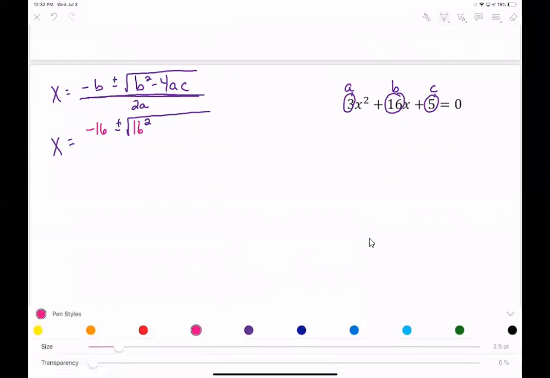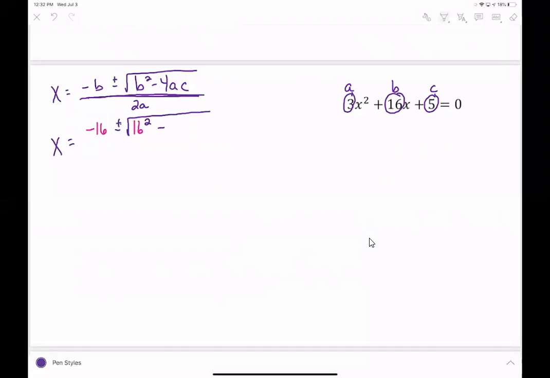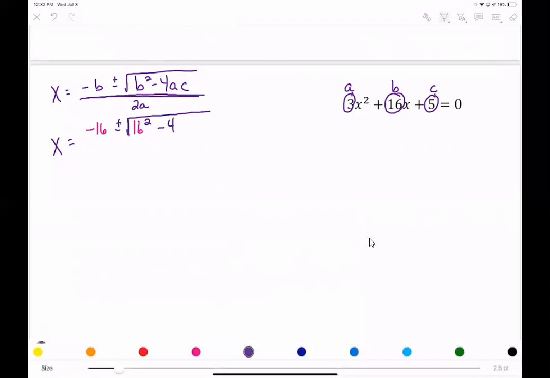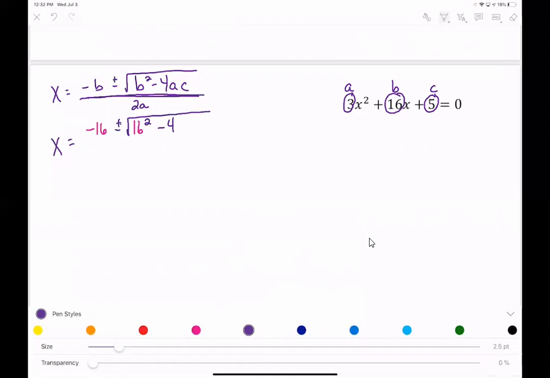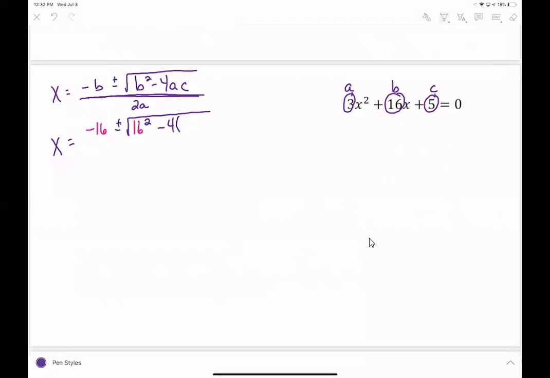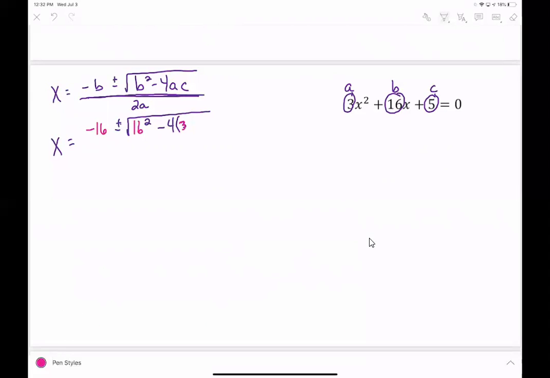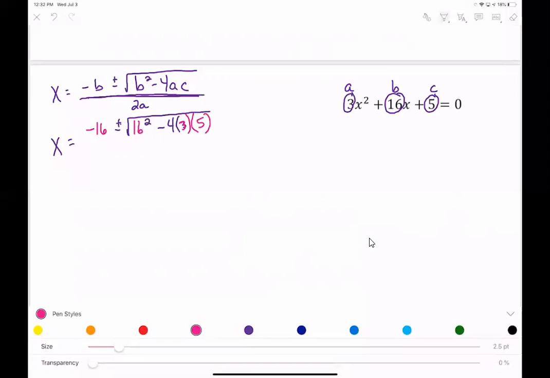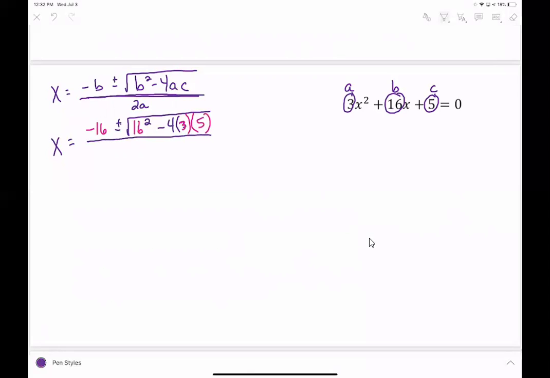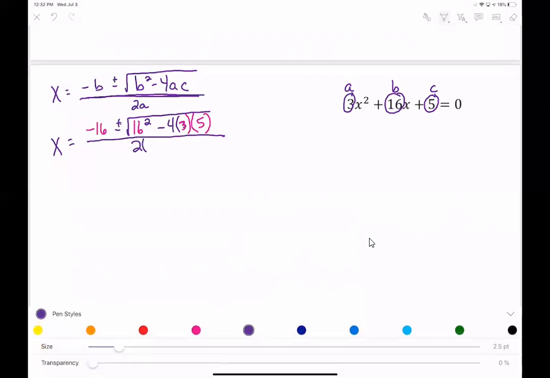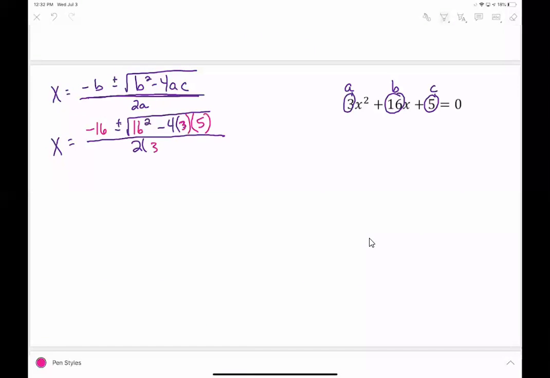And then I'm going to bring my minus down, and I'll bring my 4 down, and then I'm going to replace the a with the 3. So I'm going to say 4 times 3, and then times 5 for c. And then that's going to be all over 2 times our a, which is 3.